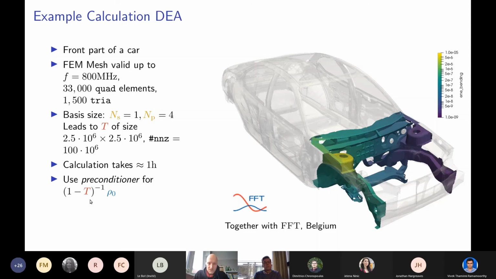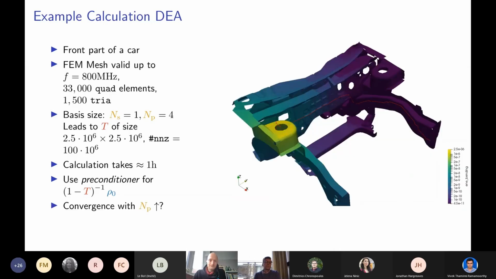All right, so this was our numerical example, or our industry grade example. But how could we check on the convergence of the DEA method for this example? Well, one way would be to play around with one of the parameters, for example, the number of Legendre polynomials we allow this method to have. But how would we compare this to say a finite element calculation?